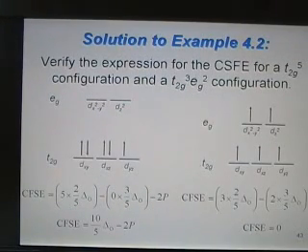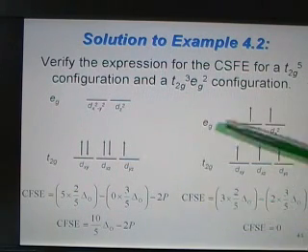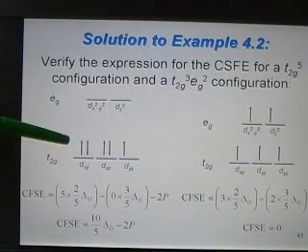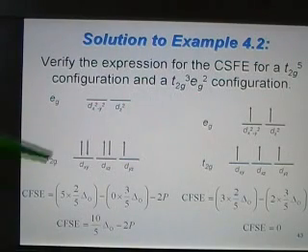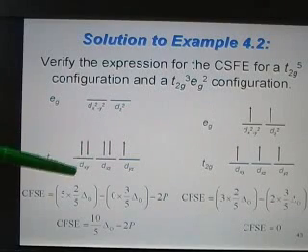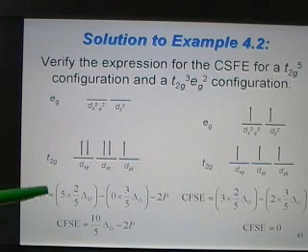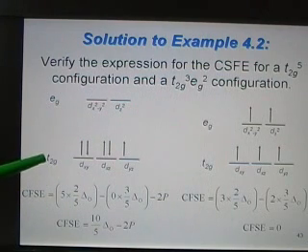So here's what we're looking at. For the t2g5 configuration, we're looking at this orbital diagram, or crystal field splitting diagram. Notice that 4 of the electrons are paired up and 1 is unpaired, but all 5 of them are in the t2g orbitals.